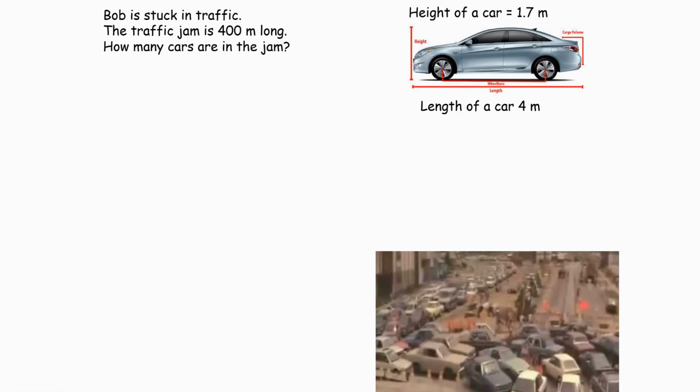Now the traffic jam is 400 metres long. We want to work out how many cars are in the jam. So to do this, we would need to see how many 4 metres are in 400 metres. So we just need to do 400 divided by 4, which is 100. So there are about 100 cars in that traffic jam.